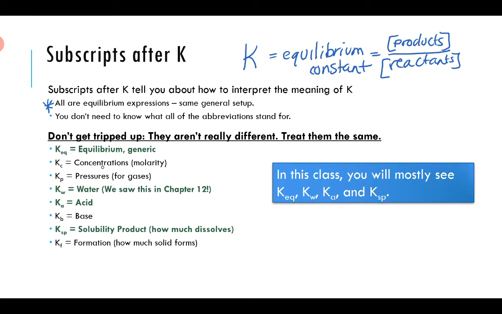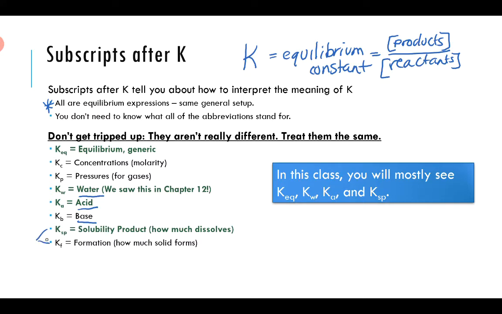Kc refers to molarities. Kp refers to pressures. Kw, we actually saw that one in chapter 12. That's for water. And then Ka, A stands for acid, B stands for base, Sp stands for solubility product constant, and Kf is formation.